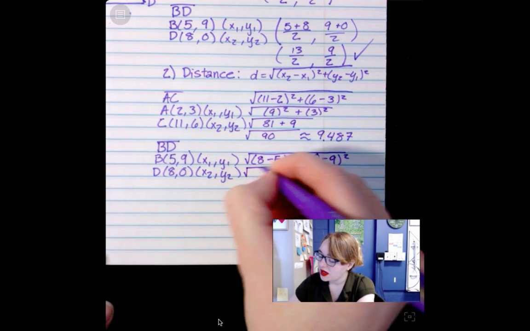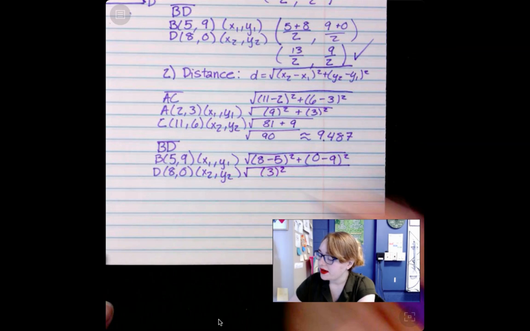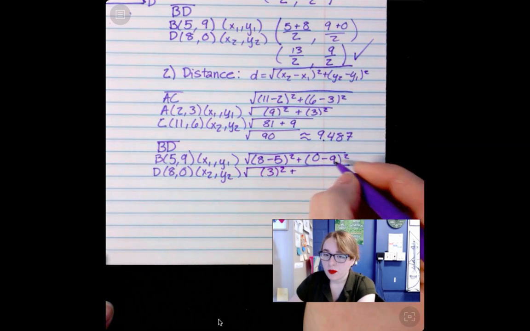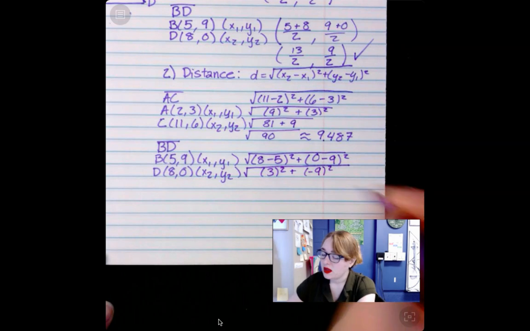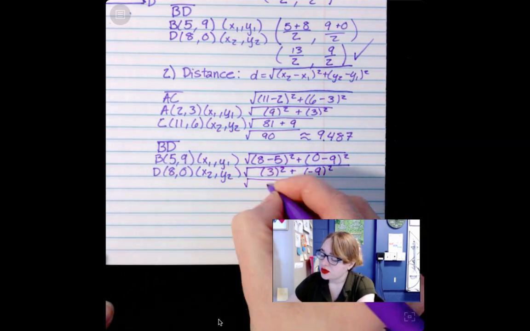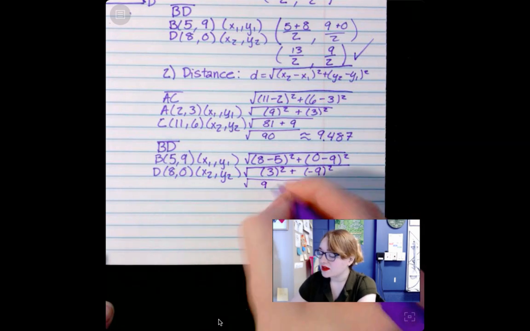Okay, simplifying here, 8 minus 5 gives us 3 squared, and then 0 minus 9 gives us a negative 9 squared. 3 squared, or 3 times 3, gives us 9, and negative 9 times negative 9 gives us a positive 81.